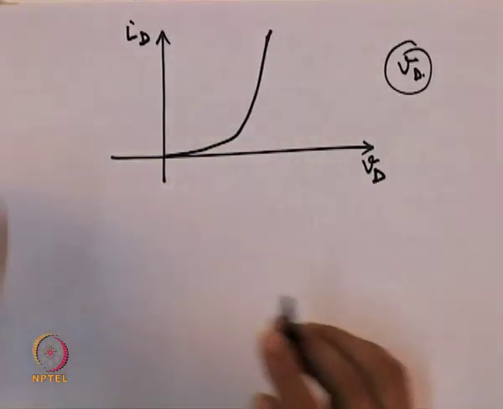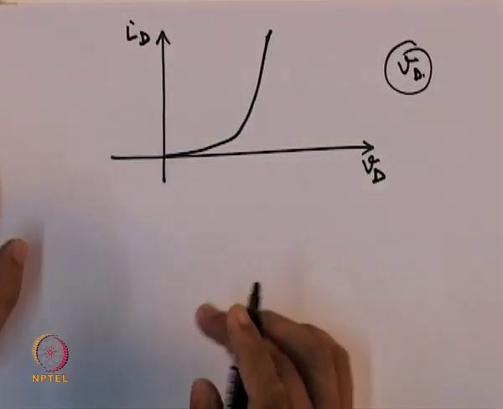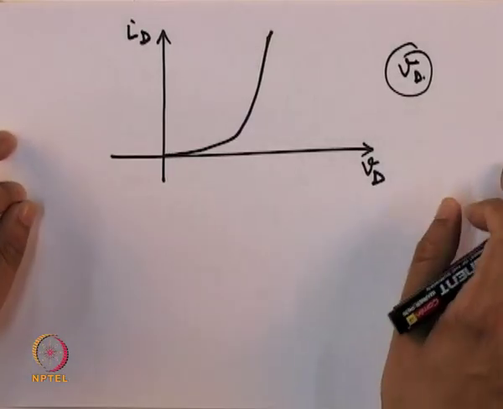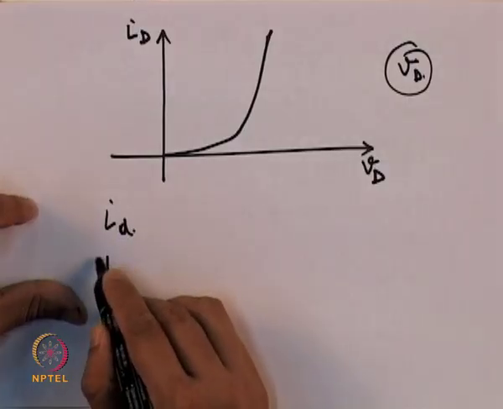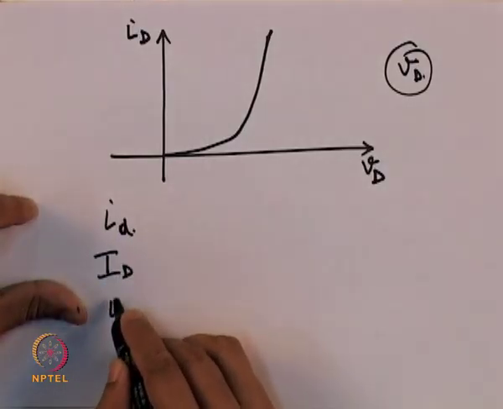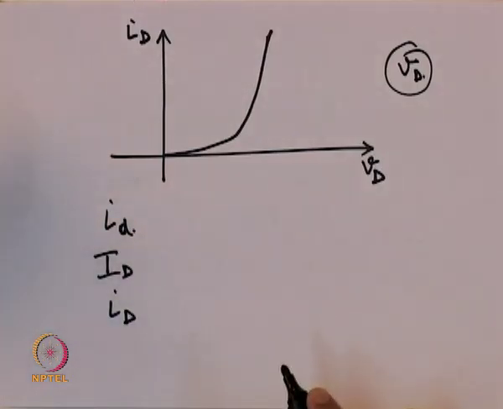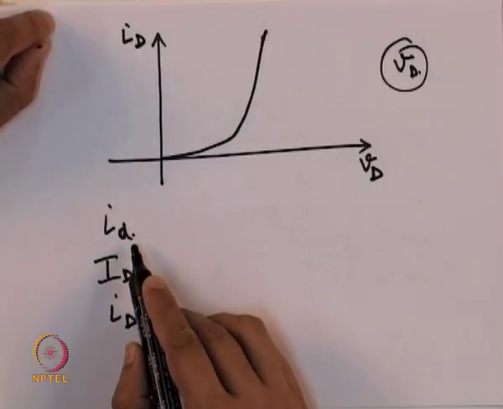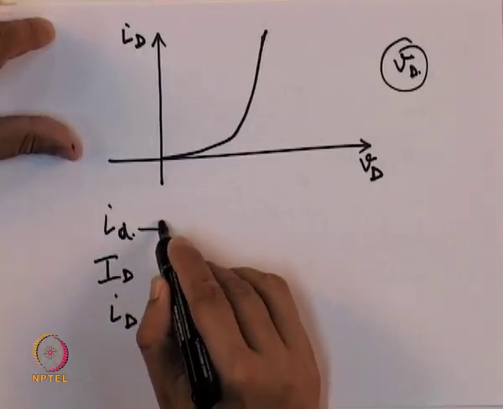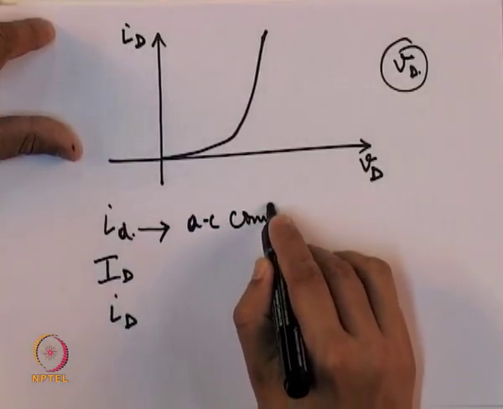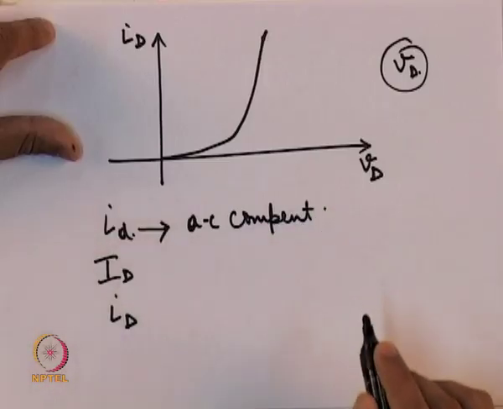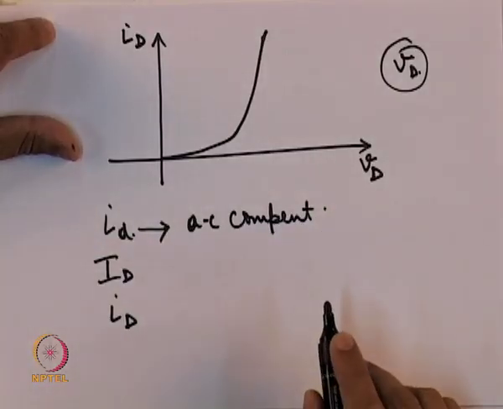I will just give you some of the nomenclature that I am using in this course. If I write a term like this, and like this, what is the difference between these three quantities? When I write i with a small d, this refers to just the AC component, or the non-DC component, or the time varying component of the current.